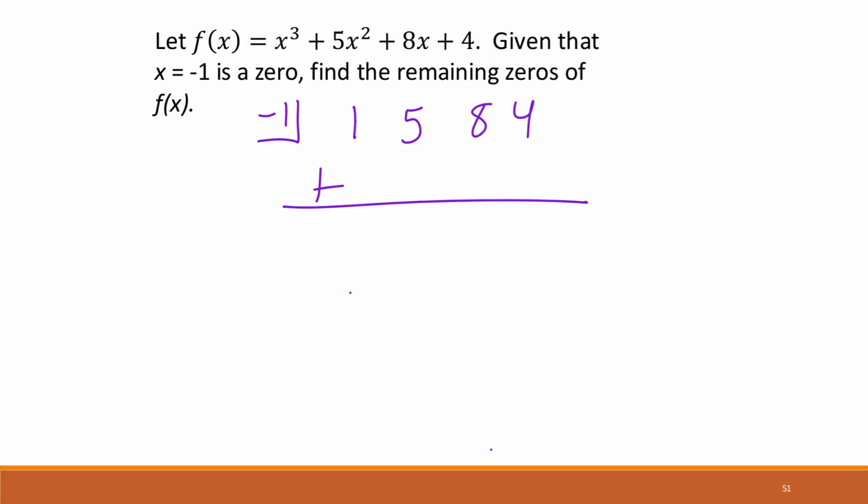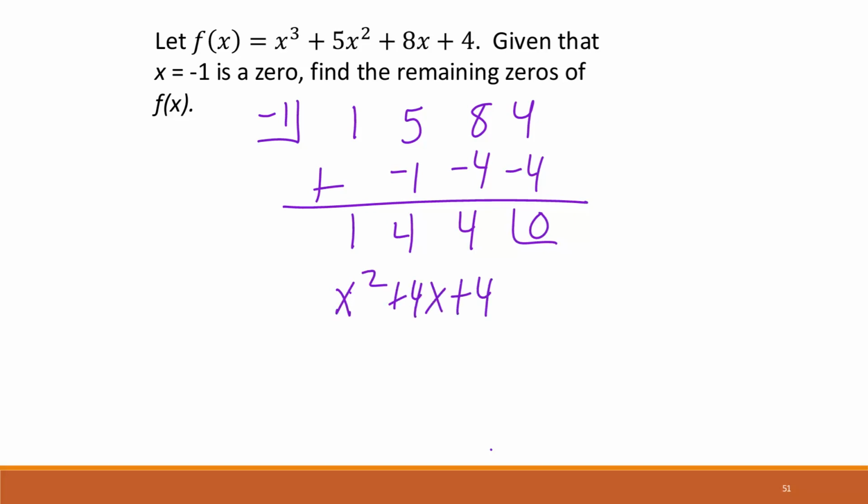We bring down our 1. 1 times negative 1 is negative 1, so 4. 4 times negative 1 is negative 4, so positive 4. 4 times negative 1 is negative 4, so 0. So we now have x squared plus 4x plus 4.